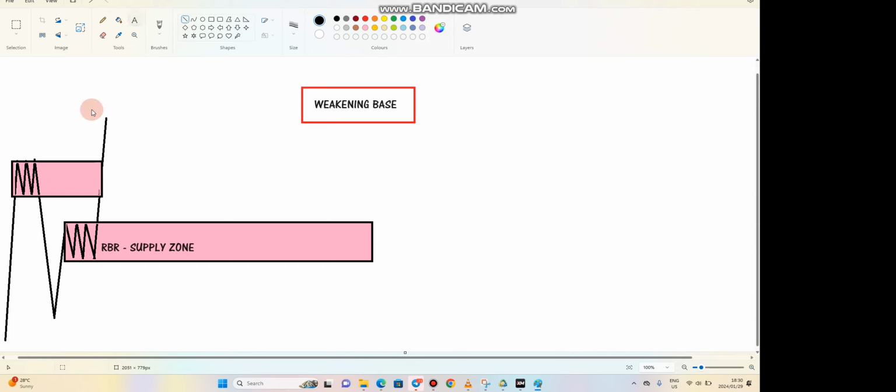So this is our RPT, rally base drop, which is also our supply zone. I just drew it there.